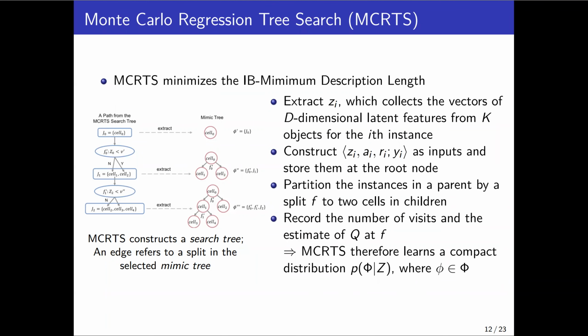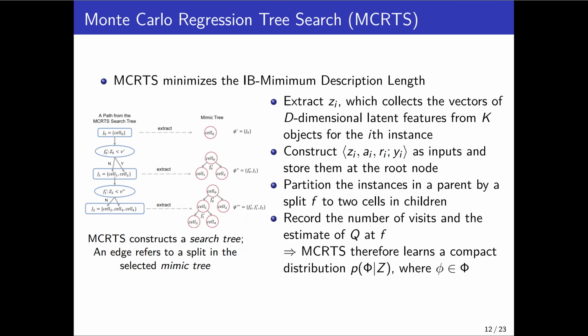Now, the Monte Carlo regression tree search algorithm minimizes the minimum description length in our objective function. After we extract the latent variable Zi from the ith data point, we construct the triplets of Z, action, and reward as inputs and save them at the root node. We partition the saved data points in a parent node by a split called F into two cells in child nodes.